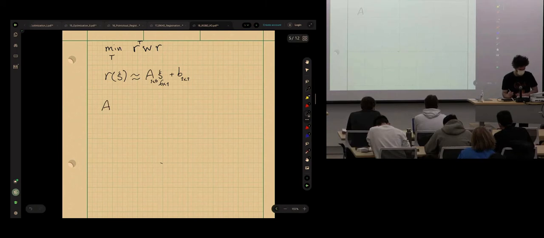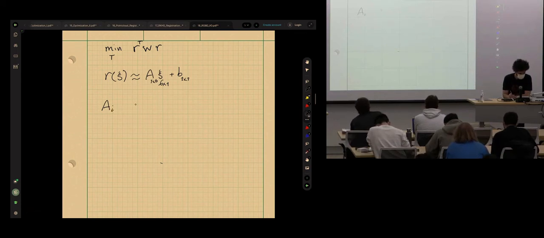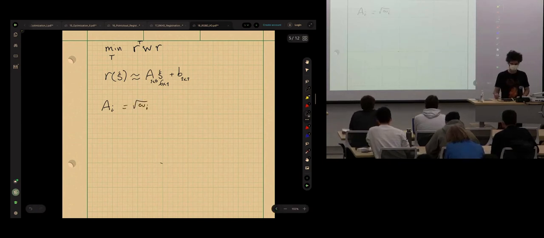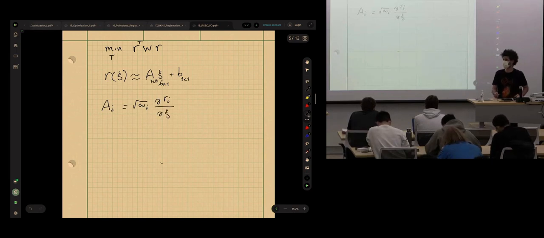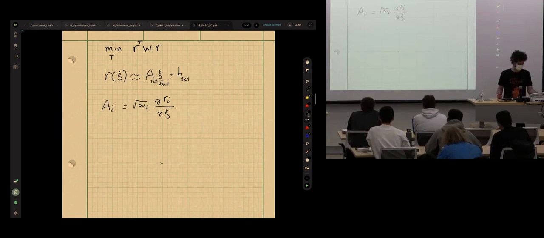All right, so if that's the case, this is, which is essentially a square root of this weight times partial derivative of residual with respect to twist.